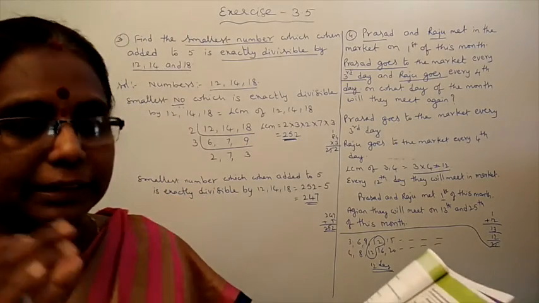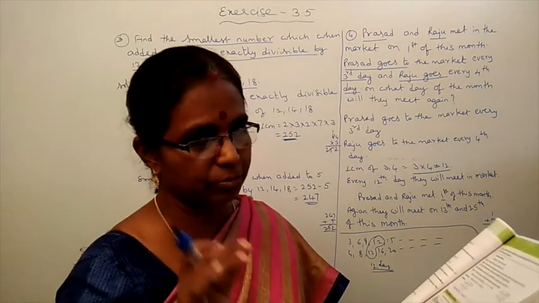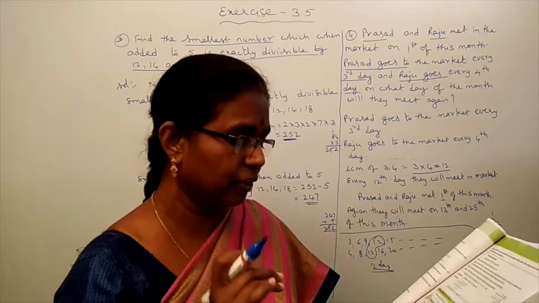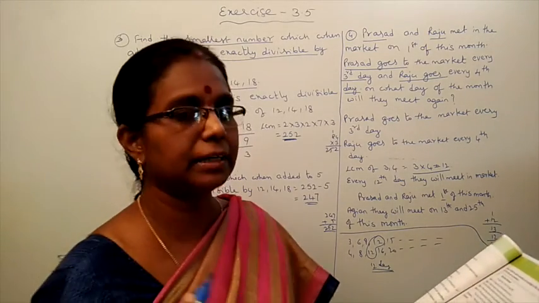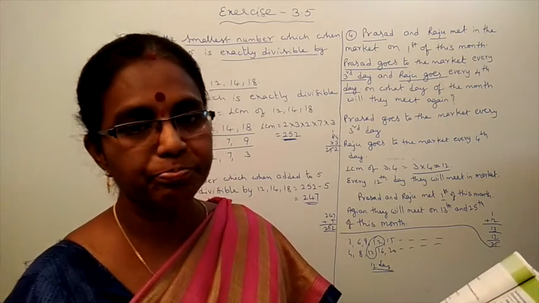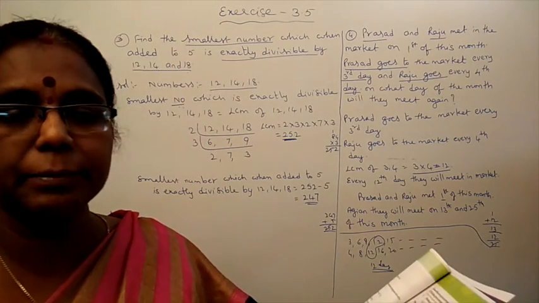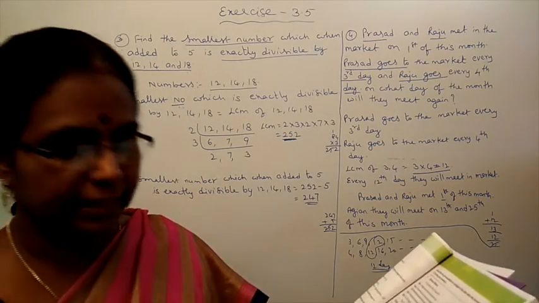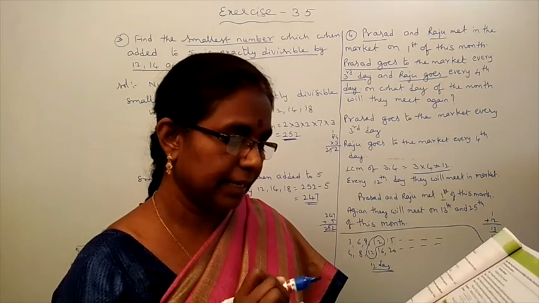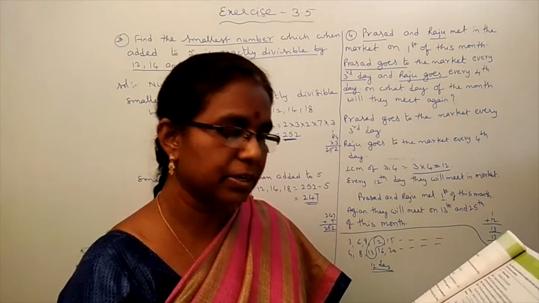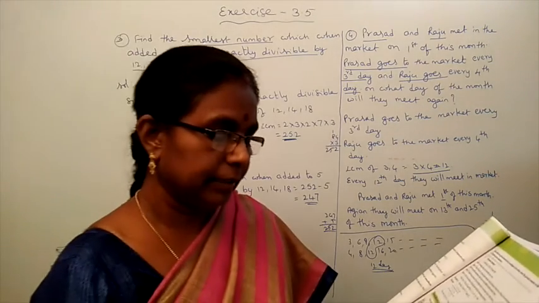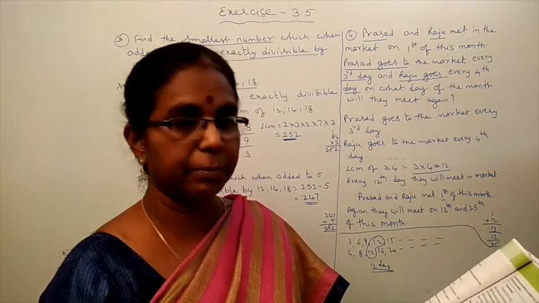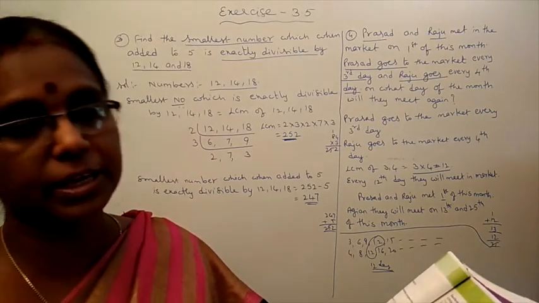Means when you take that LCM, you will get some length. If you measure that length with the 64 centimeter tape or 72 or 96, no centimeter measurement will be left. That means the tapes measure it exactly, and that is the least length that can be measured by any of these tapes exactly.